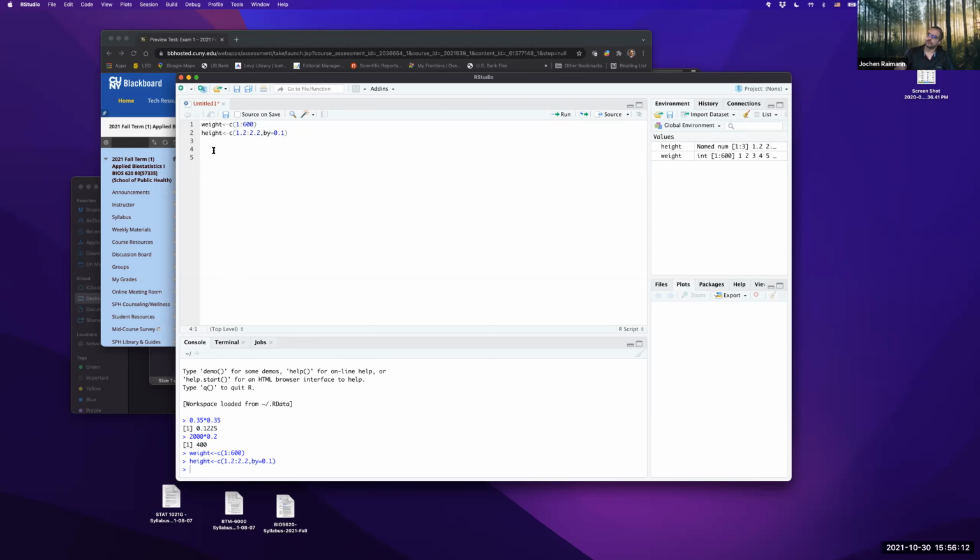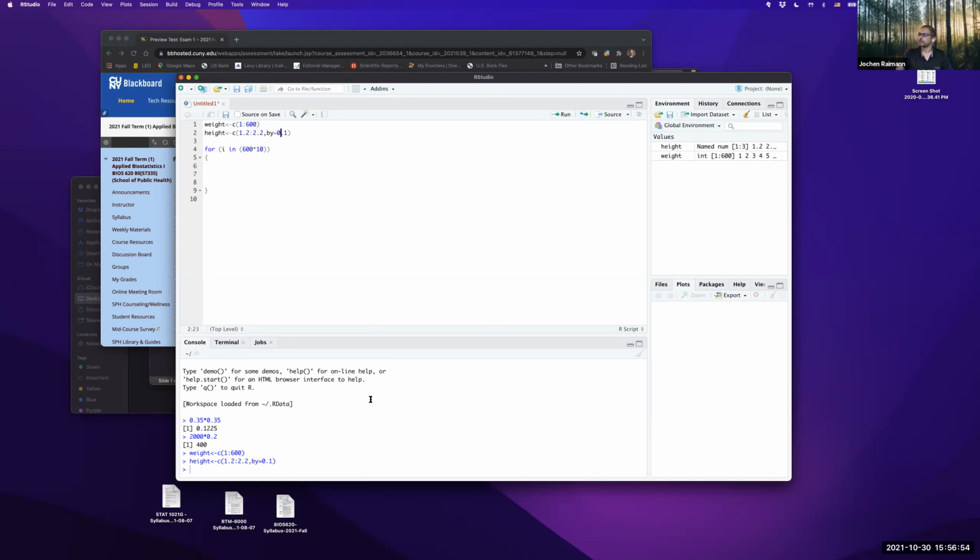If we were now, okay, for i in 1 to 600 multiplied by 10, so that's 6,000. We're doing now height is 1.2, 2.9.